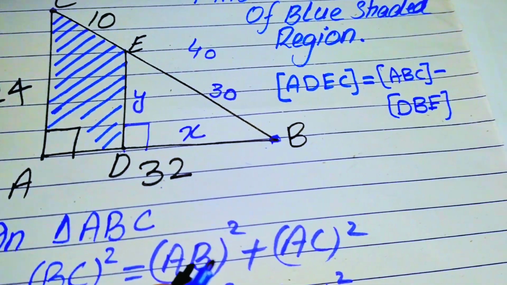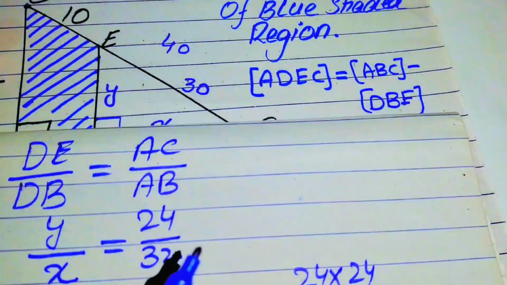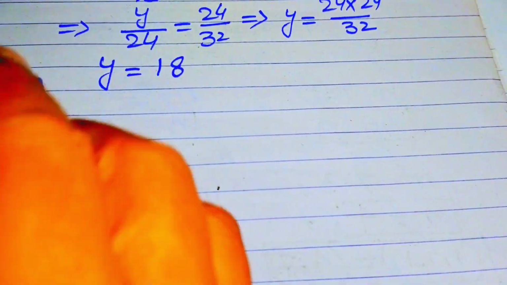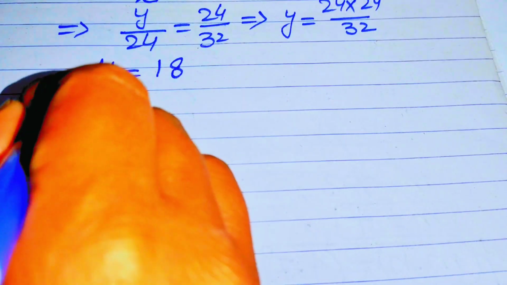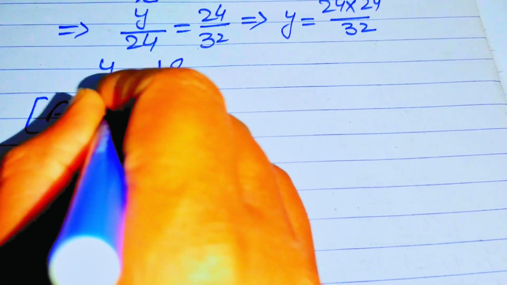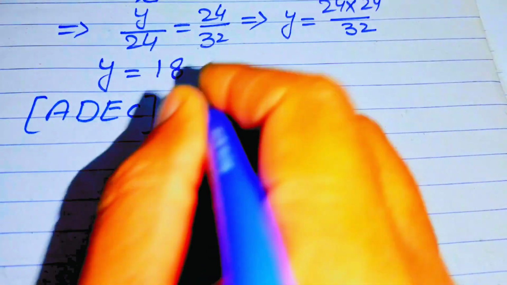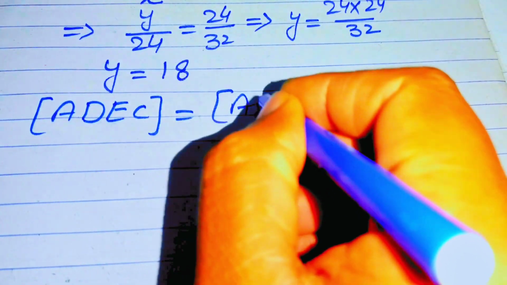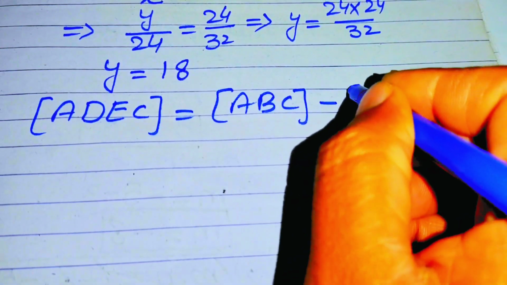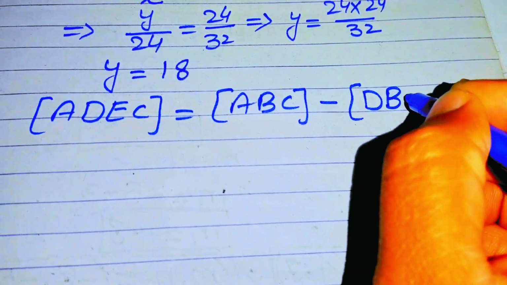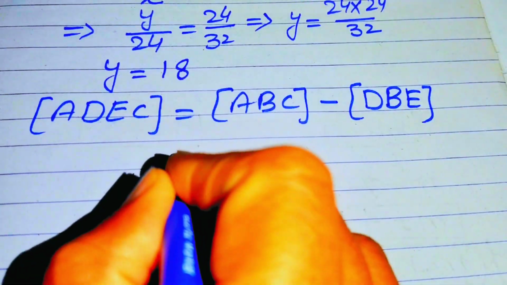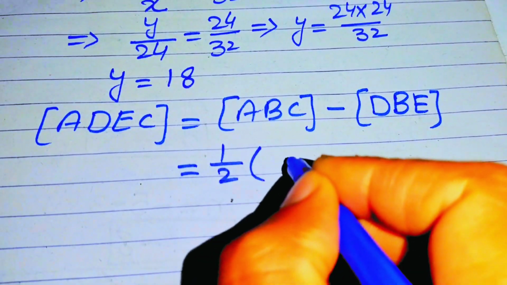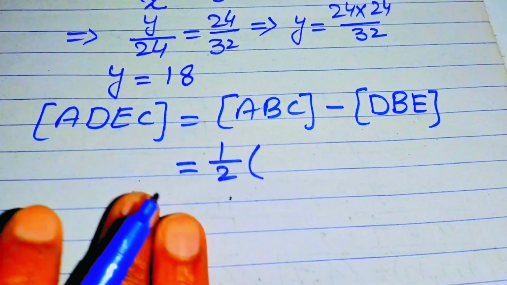Now we find the area of these regions. We write the formula: the area of the shaded region ADEC equals the area of triangle ABC minus the area of triangle DBE. The area of a triangle is 1 over 2 times base multiplied by height.